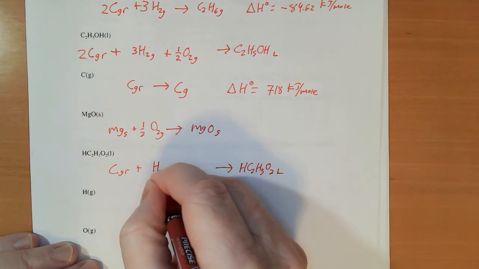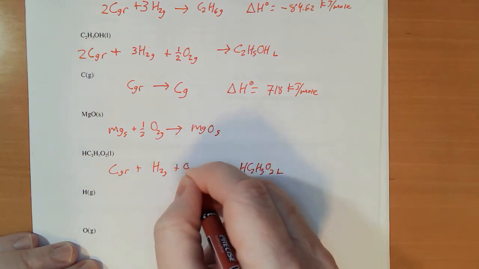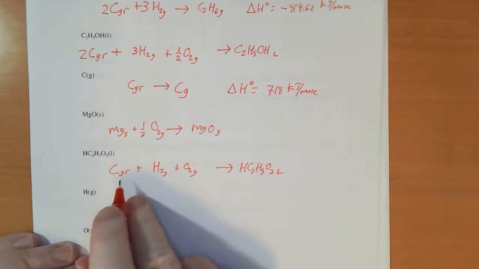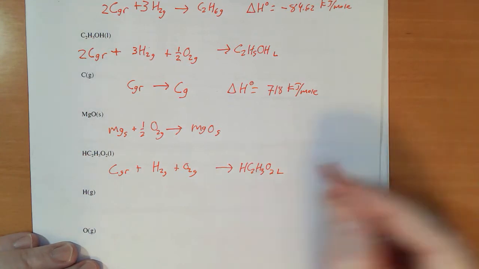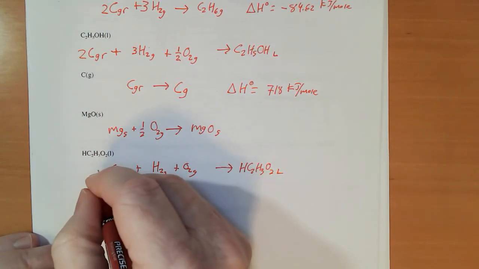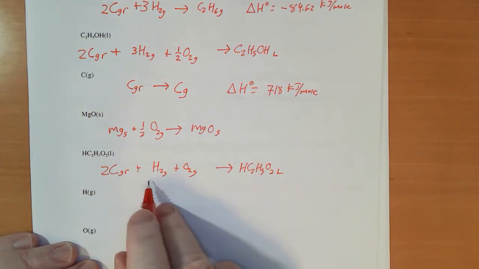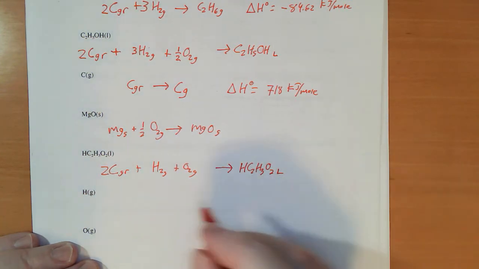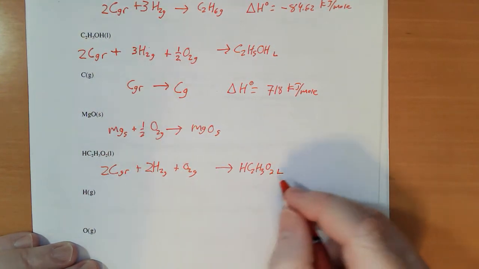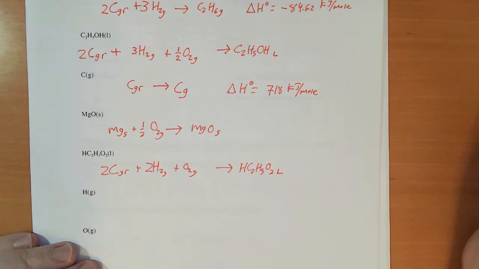I'm going to need H2 gas, and I'm going to need O2 gas. These are the natural states for those elements. So I got 2 carbons there. On the hydrogens, I've got 3 and 1 is 4, so I'll put a 2 there. I got 2 oxygens, so a 1 in front of that.